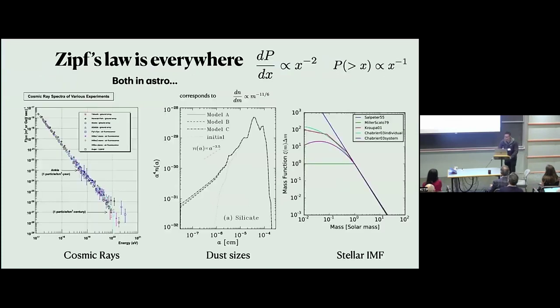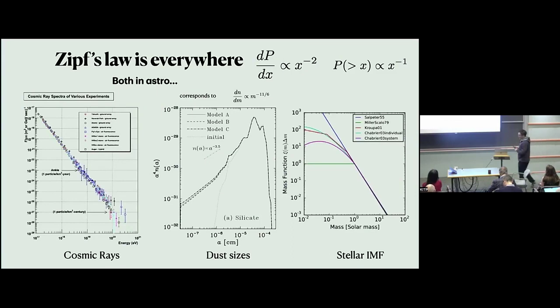So where does this come from? It comes up in a lot of contexts. Maybe these were not the best figures, it's something I found from Googling, but in cosmic rays, very roughly, you have equal energy per logarithmic interval. In dust, I know it's hard to see from this plot, but it actually obeys a similar scaling with dust sizes.